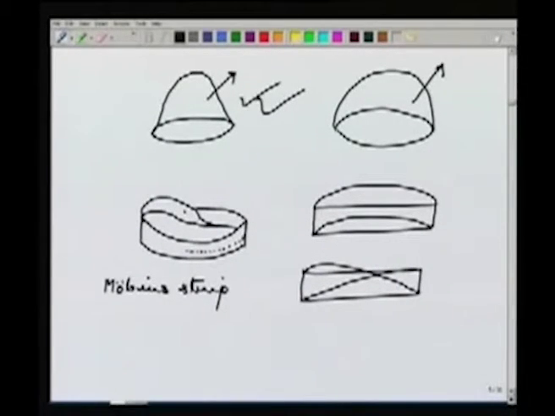Now again I have to talk about the direction of the boundary, because it is involved in Green's theorem also. So suppose this is my surface. So the boundary is this one. This is the boundary of the surface. I demand that the boundary of the surface should be a simple closed curve.